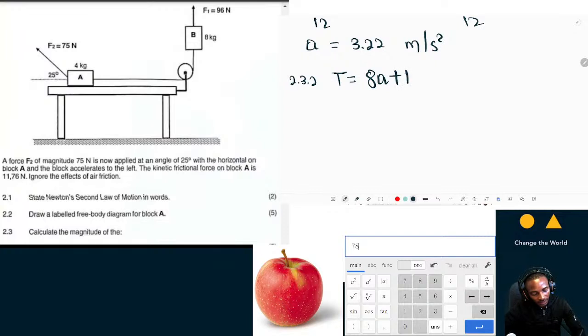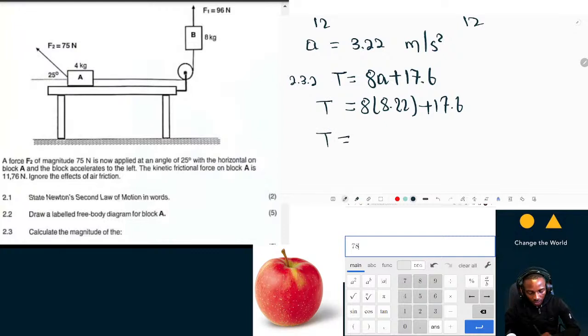8a plus 17.6, where our acceleration is 3.22. Plus 17.6. Therefore, the tension should be equal to 8 times 3.22 plus 17.6.